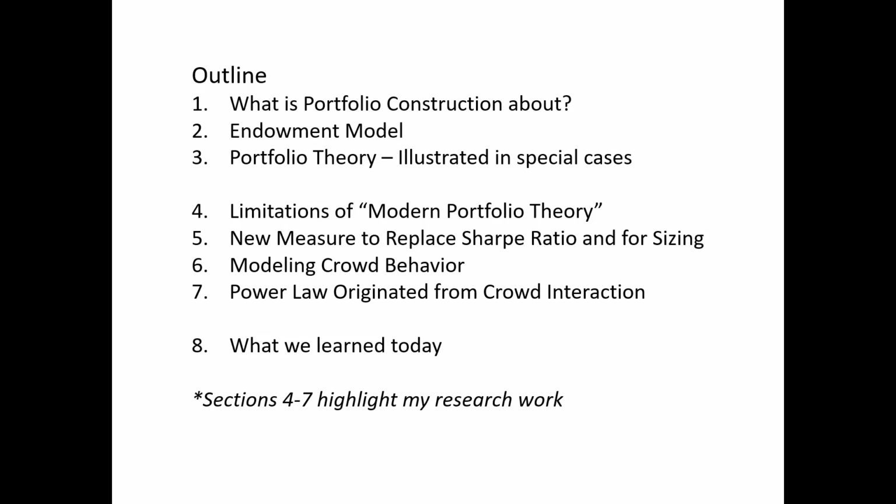For example, how to improve risk measurement using volatility and Sharpe ratio, and how to model crowding behavior. And also, you probably heard of the power law, and how this behavior actually originated from crowding behavior. Now, I will summarize.